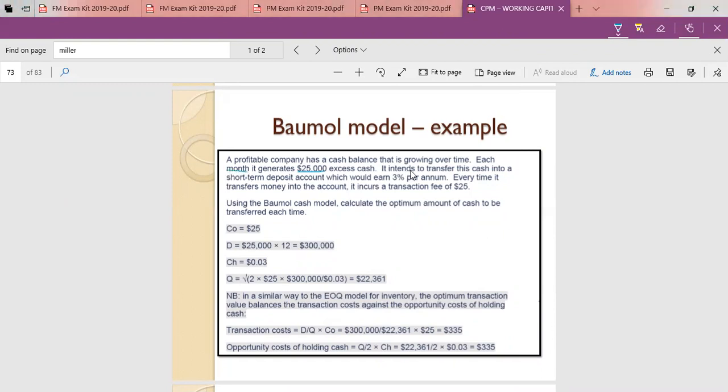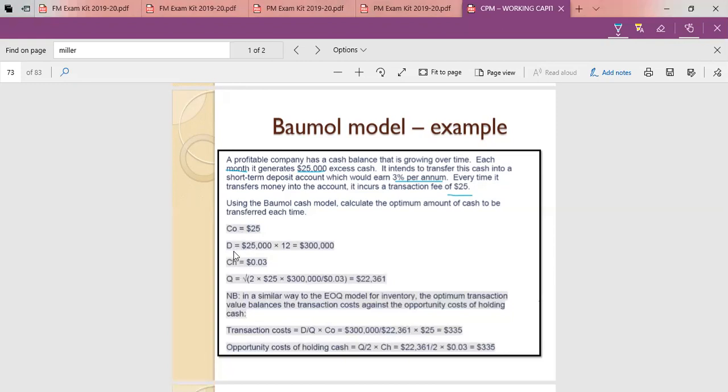After that, it intends to transfer this cash into a short-term deposit account, which would earn 3% per annum interest. Then every time it transfers money into the account, it incurs a transaction fee of $25. Right? CO is equal to $25.